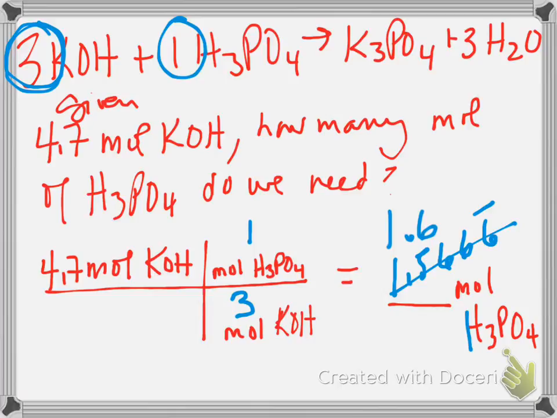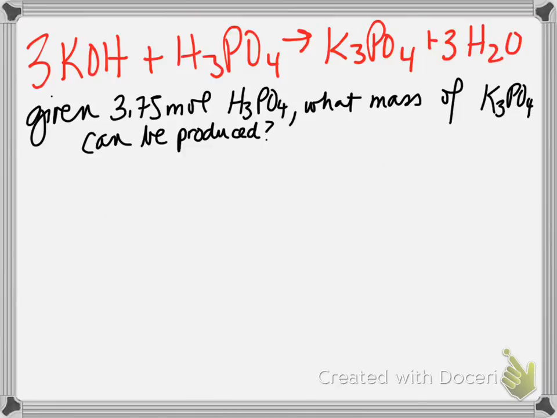Okay. So, given this question, we're using the same reaction, potassium hydroxide and phosphoric acid. It's a neutralization reaction. We're producing a salt, basically, and water. Given 3.75 moles of phosphoric acid, what mass of potassium phosphate can be produced?